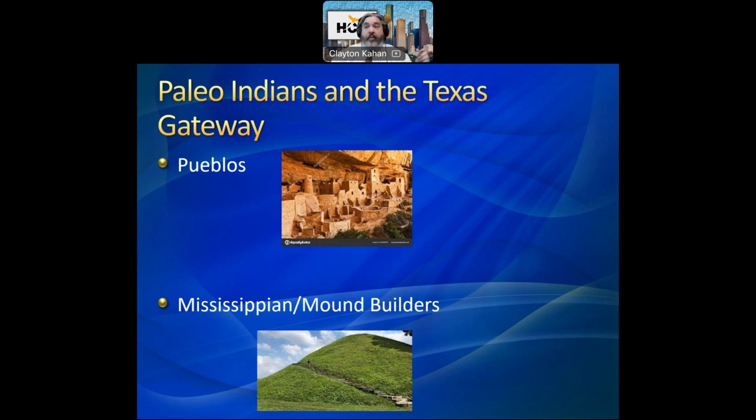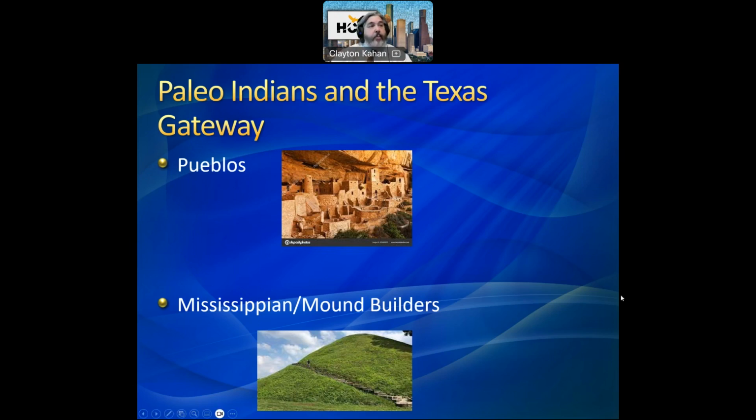Now, among the groups that are important right off the bat when it comes to Paleo Indians, okay, and what we're going to call the Texas Gateway, among the two big groups here are groups called the Pueblo Indians and the Mississippians. Okay, the Pueblos were Native American peoples that occupied parts of West Texas, present-day New Mexico, and those surrounding areas.